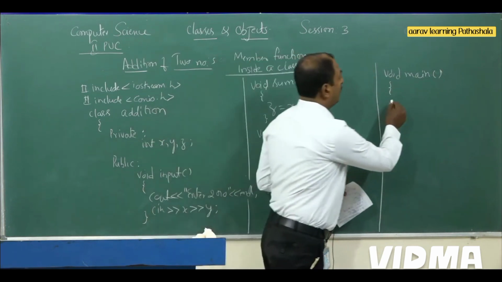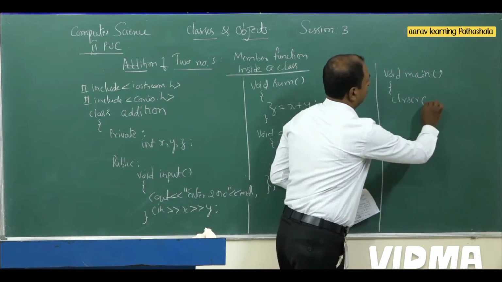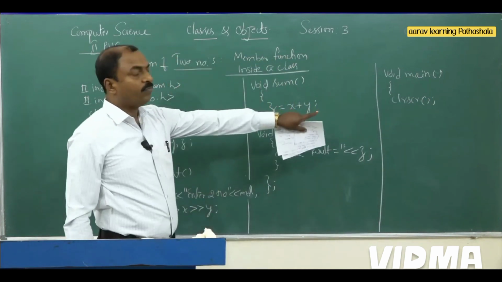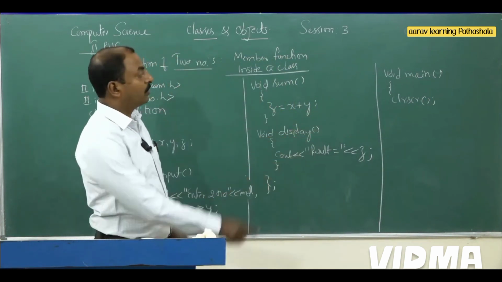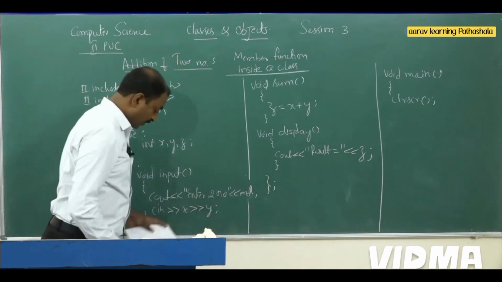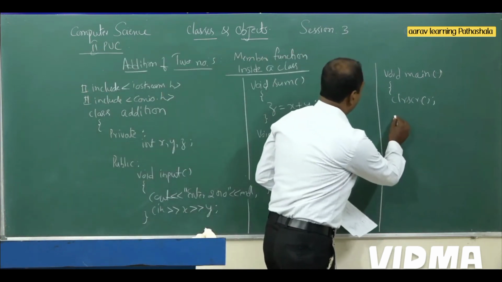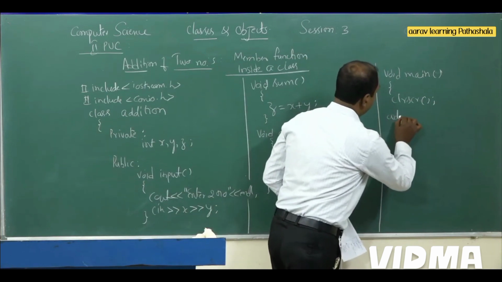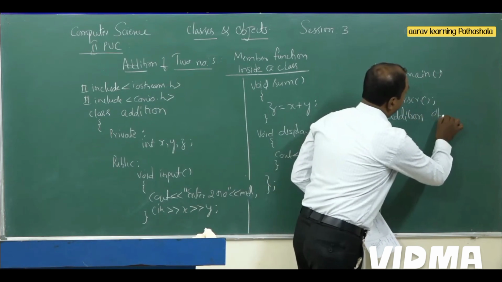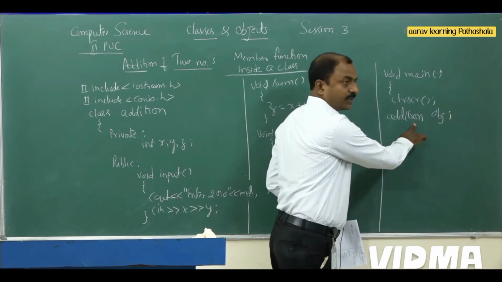Next, as the first line usually we say clrscr, and as I explained yesterday, the first step in the main function should be the creation of an object of this class addition. So yesterday we wrote the name of the class, addition, space obj, is an object of the class. This is the first line, it's supposed to be the first statement.